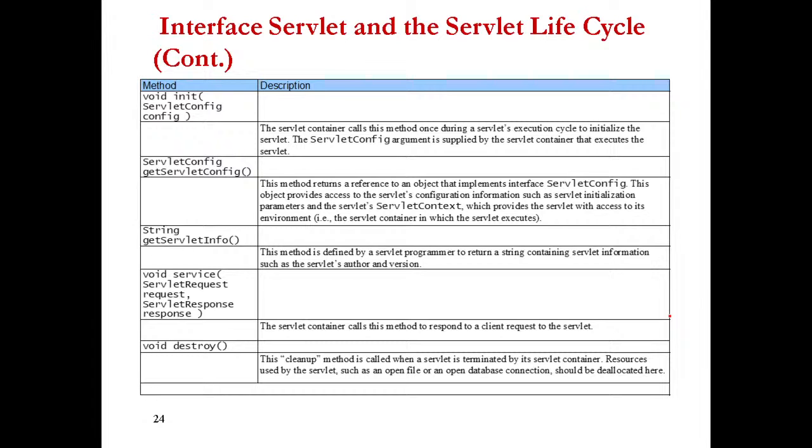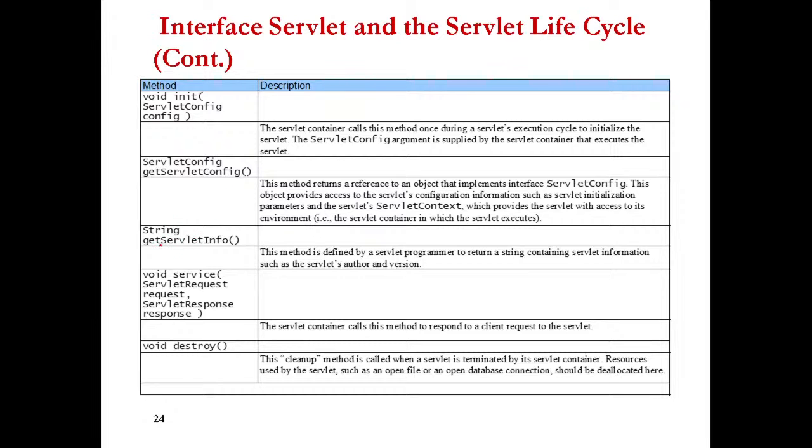Then there is another method, getServletConfig, which returns the ServletConfig type of object from where it has been called. So when the init method is called, the ServletConfig function will call the getServletConfig method, and for this a servlet is created.